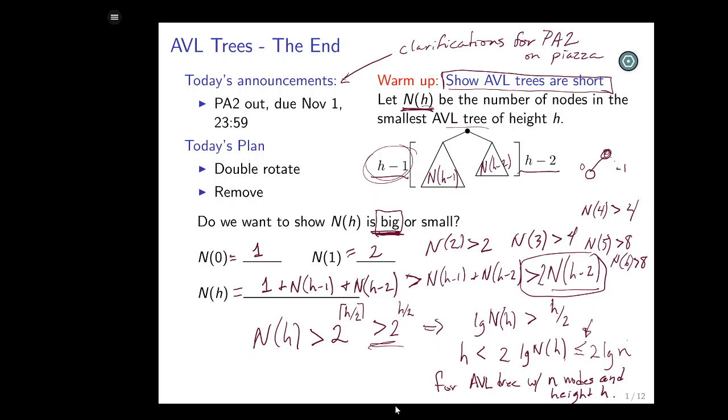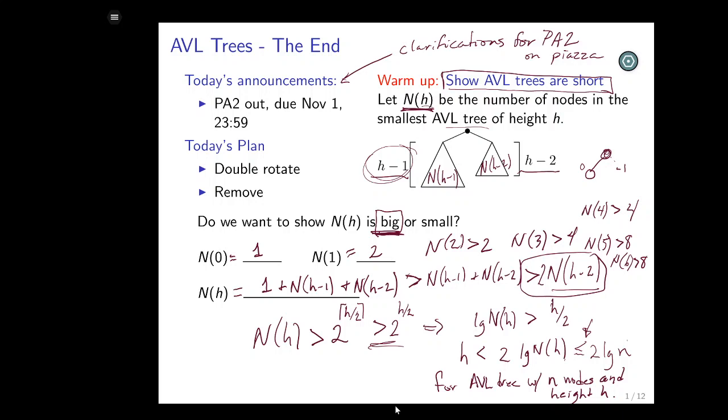What do you mean by a lot? I mean 2 to the h over 2. Because if there were barely any nodes, it wouldn't work. Right, if there were not enough nodes, either it wouldn't have height h or it wouldn't be an AVL tree.